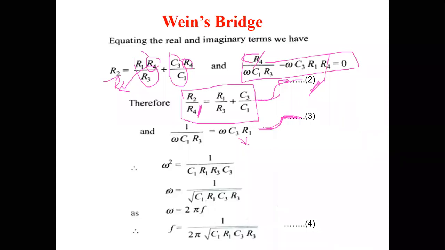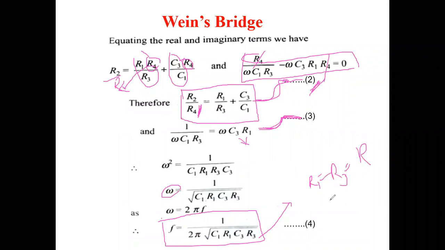Omega is 2 pi f, so f is equal to 1 by 2 pi root C1 R1 C3 R3. In most of the cases, R1 and R3 are equal to R; we put the same values.